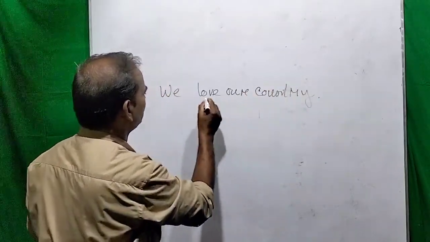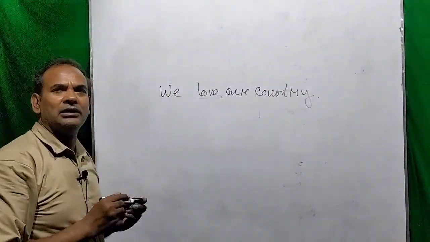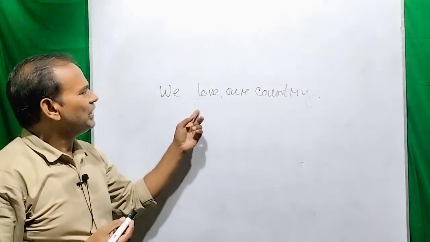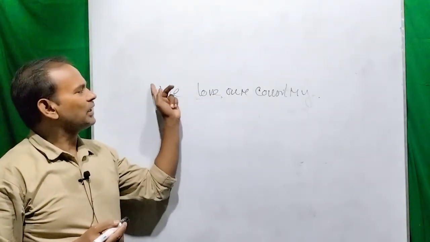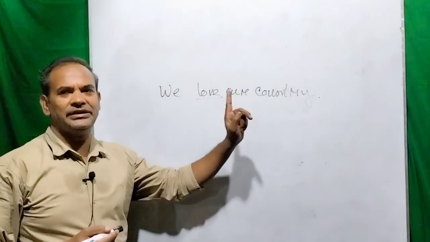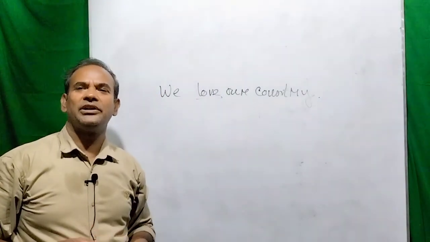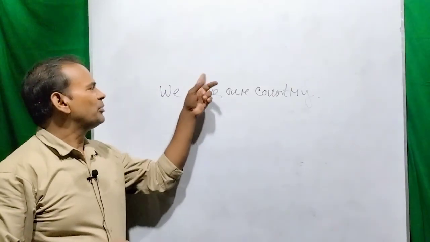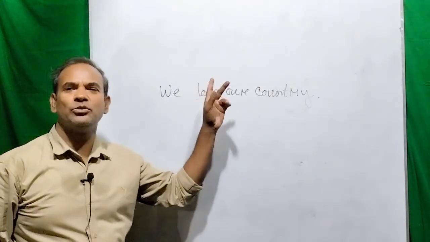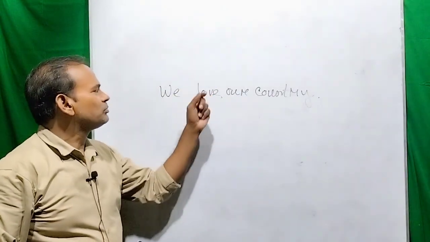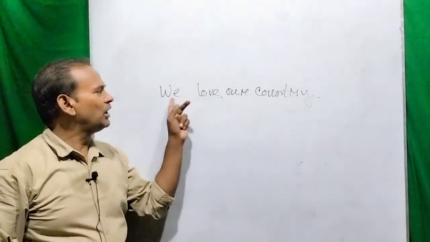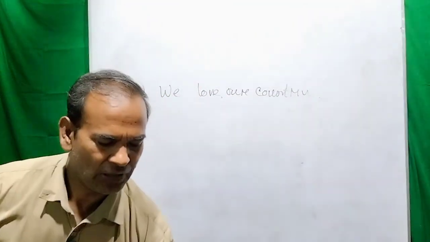Dear viewers, you see, this is a verb of feeling. So we must use present indefinite tense here. We cannot say we are loving our country. Generally, present continuous tense of loving is not used. Generally, this verb is used in the present indefinite. We love our country.